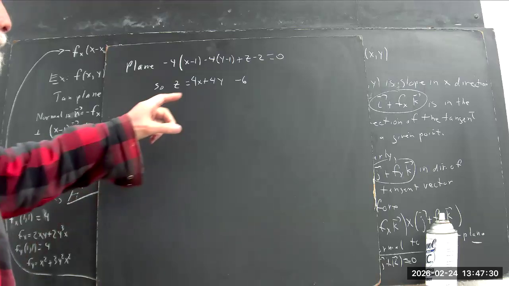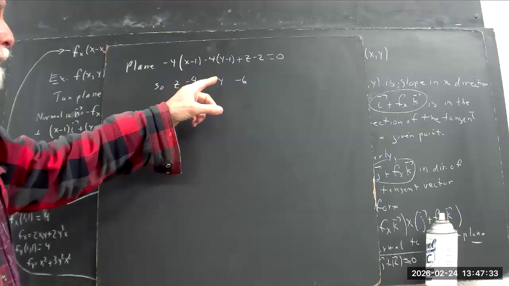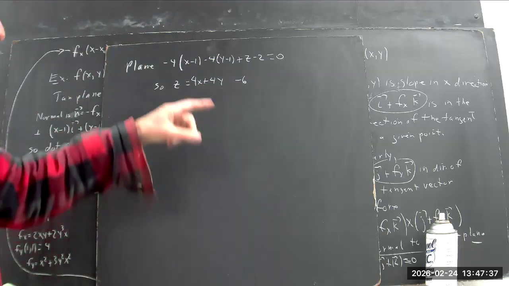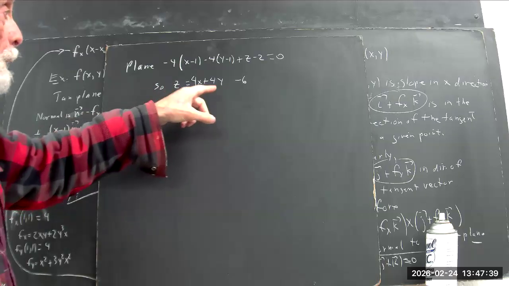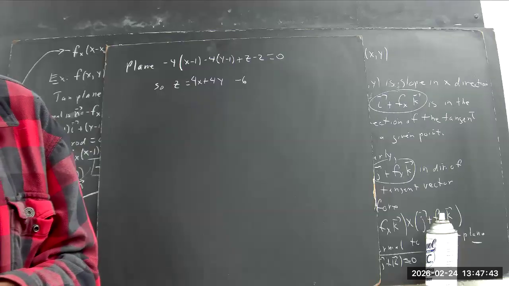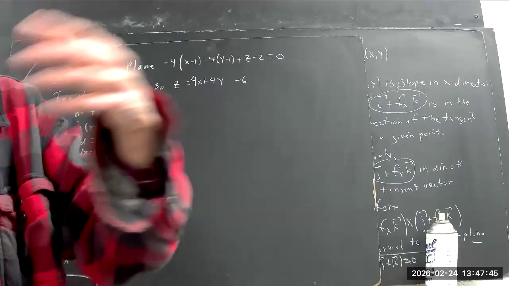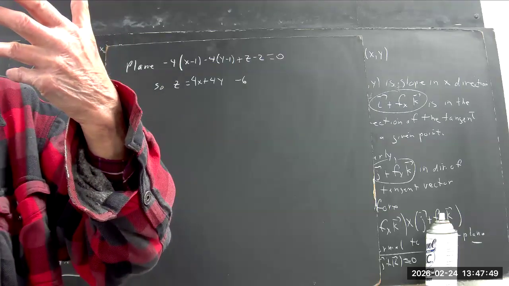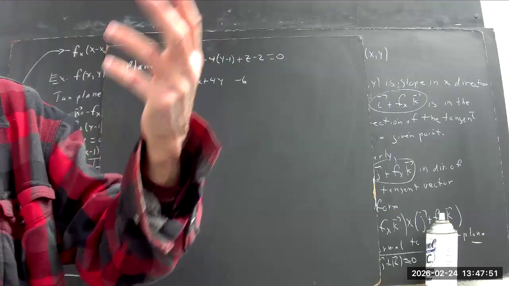So if x equals 1 and y equals 1, we get z equals 4 plus 4 minus 6, which is 2. Okay? That's the point 1, 1, 2, which is the point we originally chose.